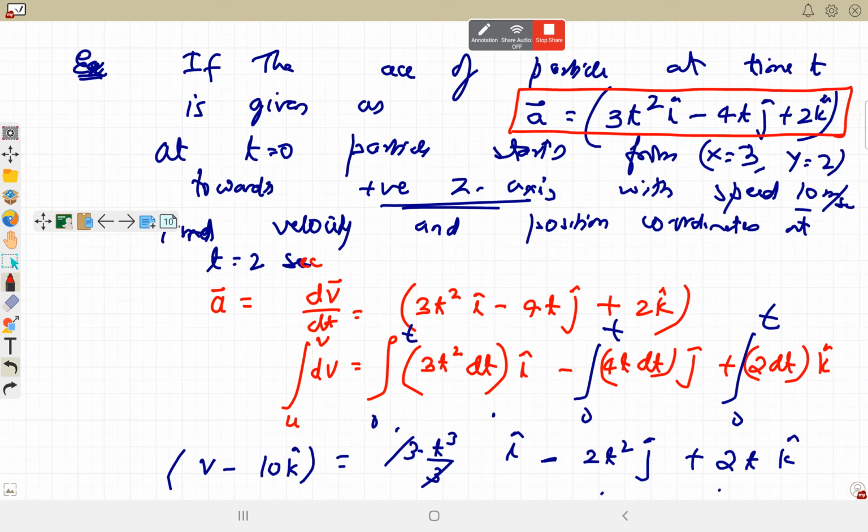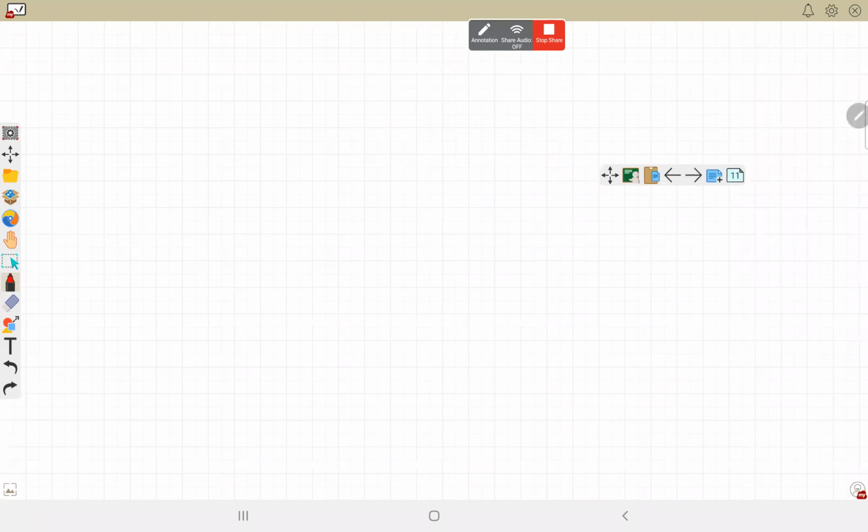v minus 10k is equal to t cube i cap minus 2t square j cap plus 2t times k cap.